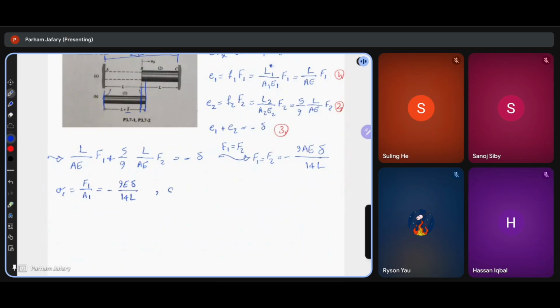And similarly, sigma 2 is equal to F2 over A2, equal to negative 5 times E delta over 14L. Okay?